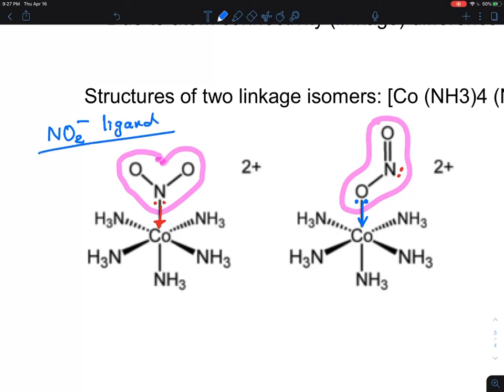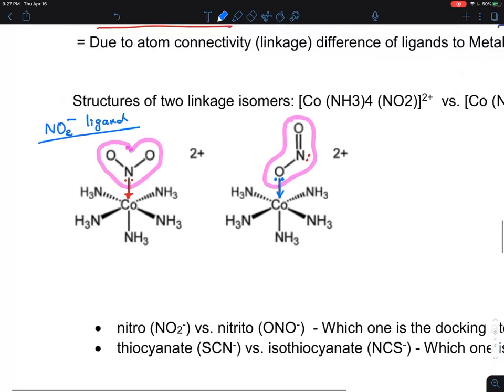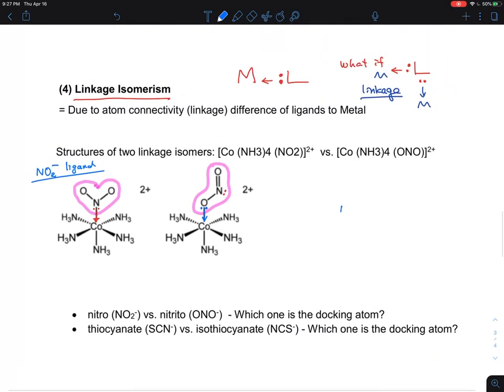But like I said, if you look at the NO2, I'm going to put an NO2 here. NO2 has oxygen, oxygen, nitrogen, and one of them has a single bond, and the other one has a double bond, and it has a lone pair of electrons here. This one has 2 lone pairs. This one actually has 3 lone pairs.